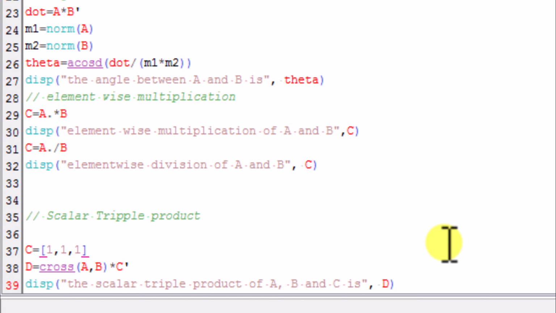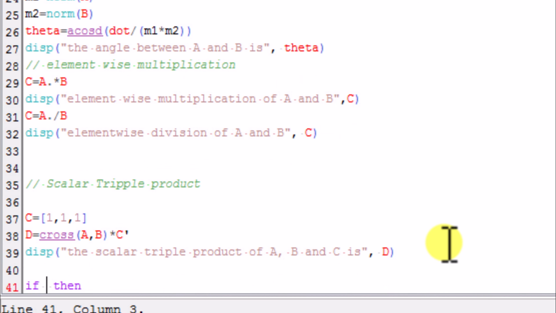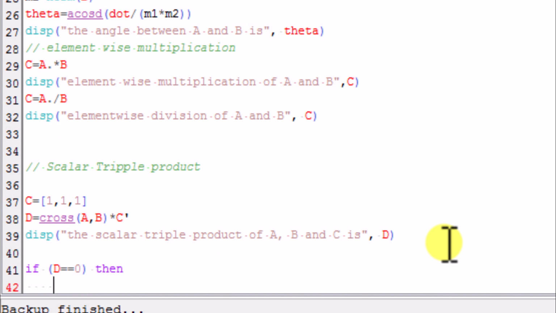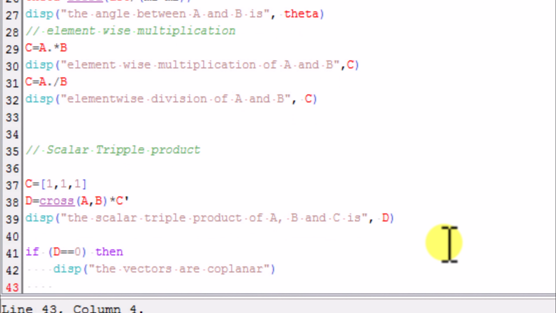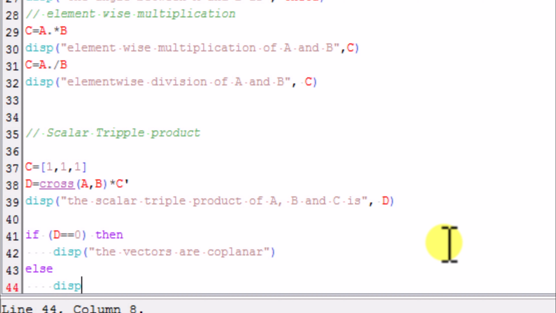So what we will do is write an if command: if d is equal to 0, then display the vectors are coplanar, else display the vectors are not coplanar.